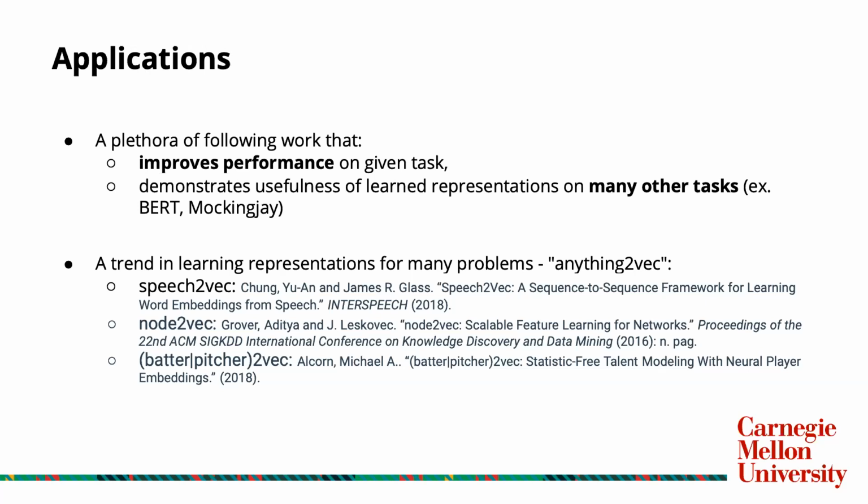So this could be very useful for network problems or graph-based problems. And you can apply this method to any sort of problem. In fact, someone's even come up with a way of developing representations for Major League Baseball players, and they call their method batter-or-pitcher-to-vec, which might be interesting for you to read up on.